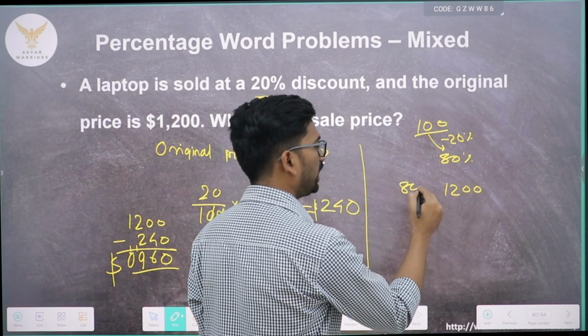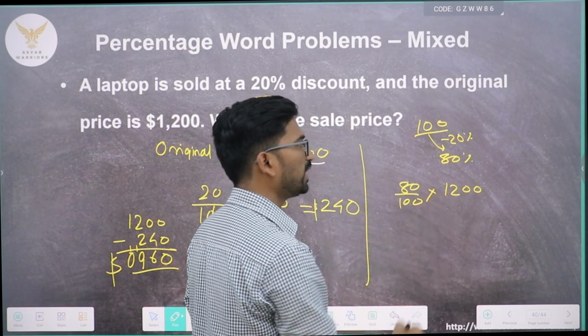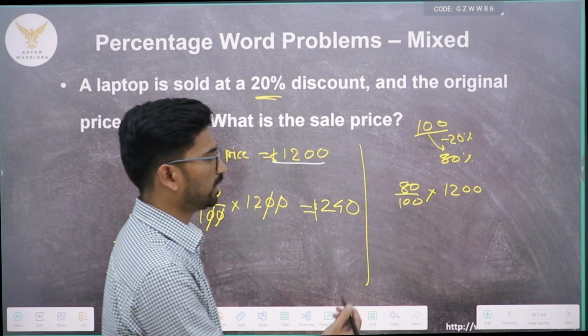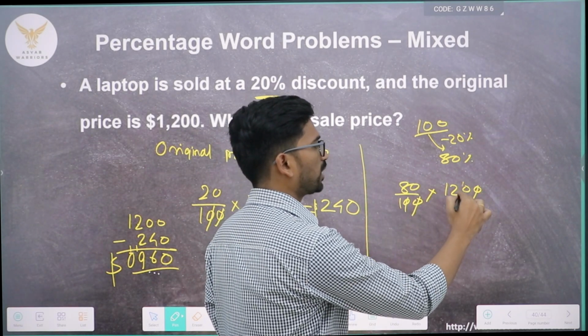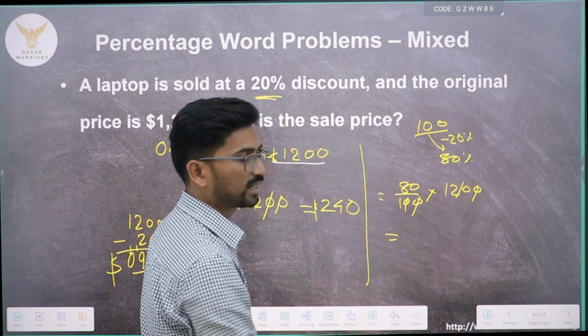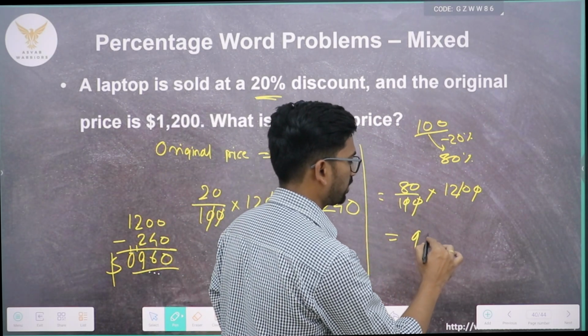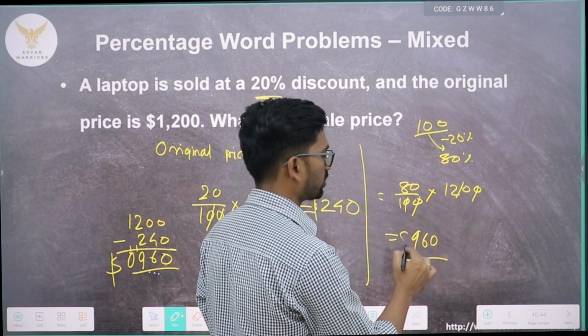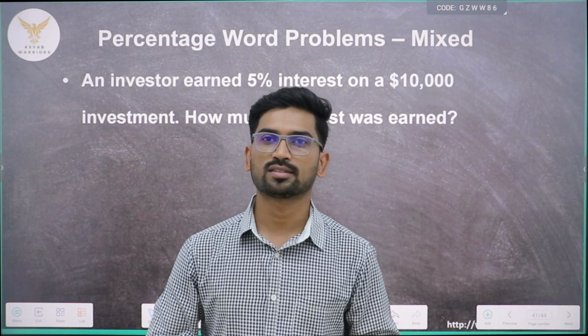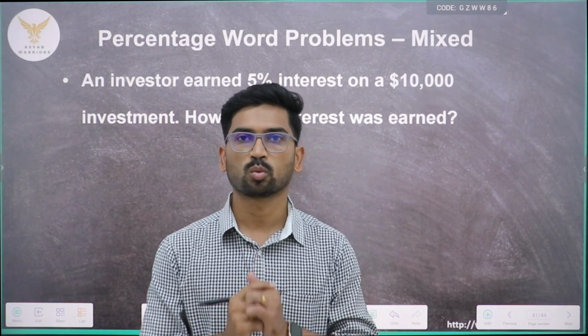When we calculate 80% of 1200, we will directly get our sale price. Let us try it. So 0 gets cancelled out. So 12 times 8 is 96 and this 0 as it is. So $960 will be the selling price. Let us move on to our next question.